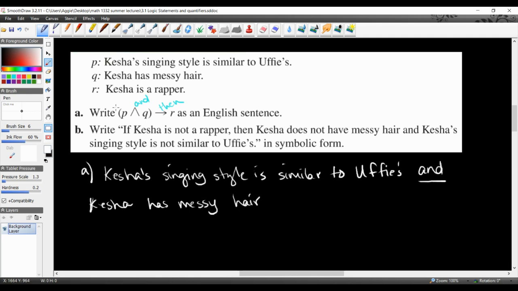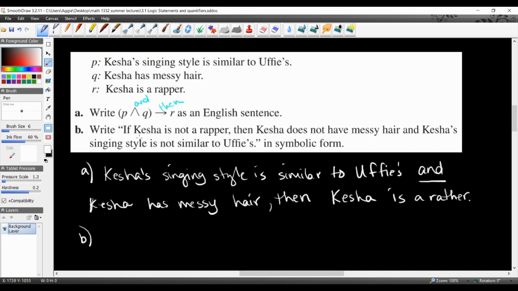So there's the first two parts. Keisha's singing style is similar to Yuffie's and Keisha has messy hair, comma, because I have to put the then. Then Keisha is a rapper. Well, that's a bit stereotypical, I think. Remember, they don't have to be true. This is just a statement. And that's it.